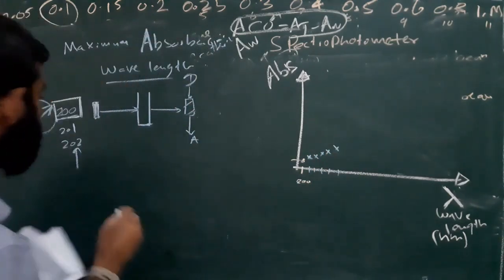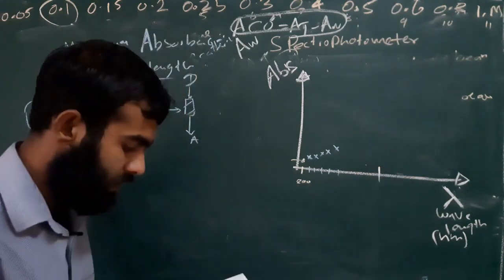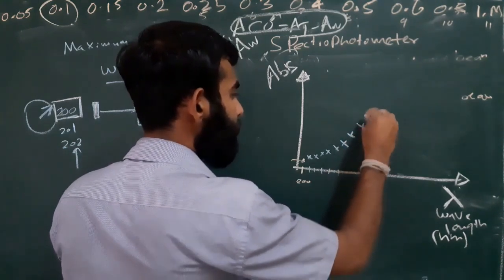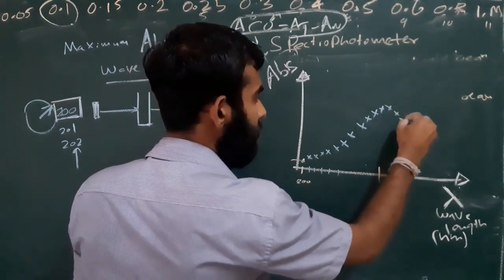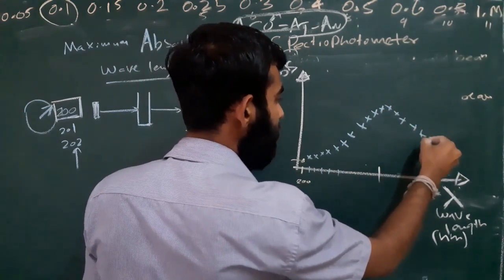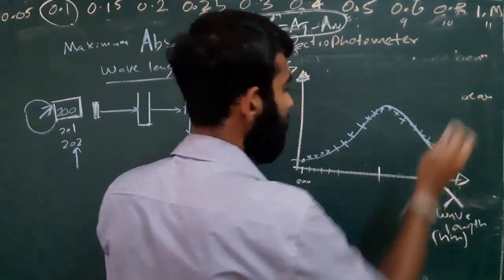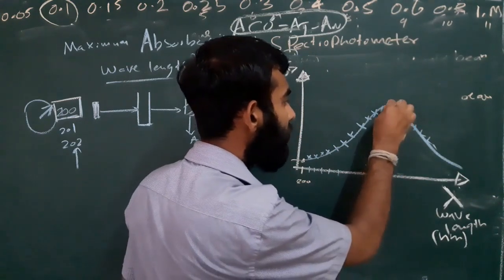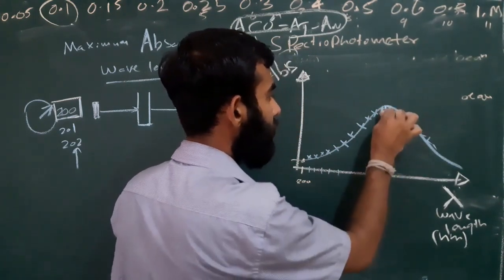Imagine at some point we will get this type of graph, finally we will get a bell-shaped graph. We can see there is a maximum absorbance wavelength at one point.